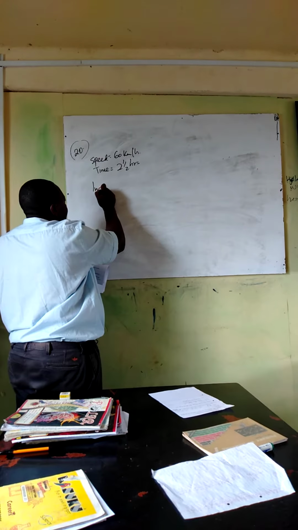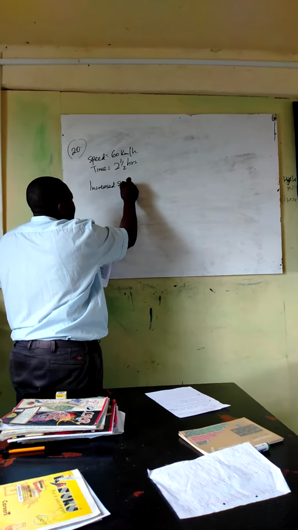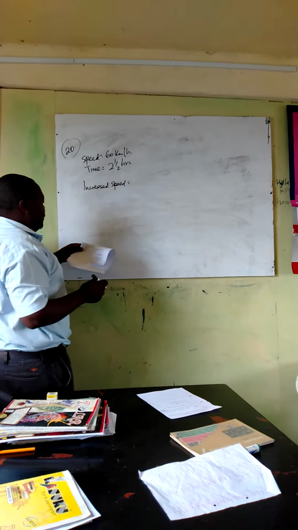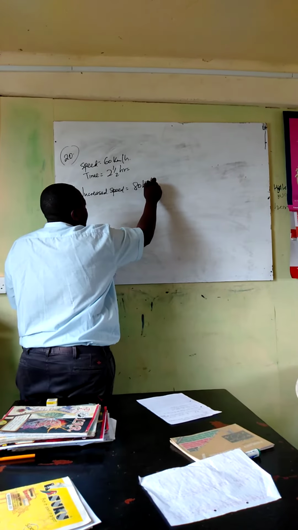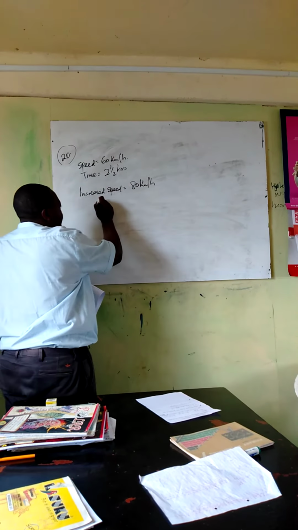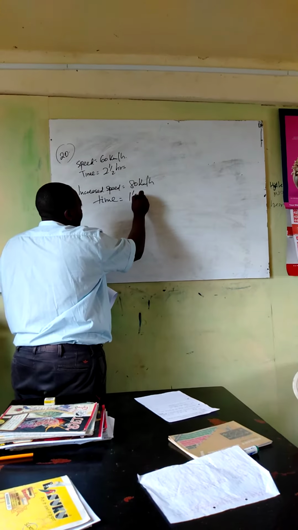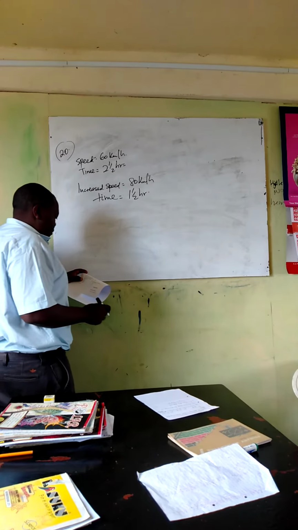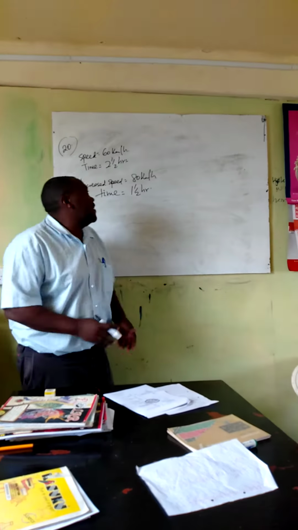He increased his speed to 80 kilometers per hour and covered the remaining part for 1.5 hours. Time 1.5 hours. What distance did he cover? So we need to get the distance.